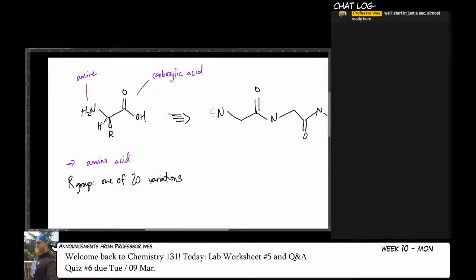And this could go on in this direction too. So this would be 2 subunits of what would be called a peptide. And if I get a bunch of these together, I would call it a polypeptide. And then when those things arrange themselves in a three-dimensional structure, the result is called a protein.